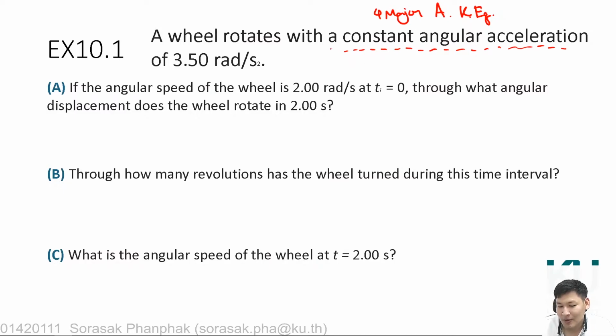The first one, rather than v equal to v zero plus at, is omega equal to omega zero plus alpha t instead.